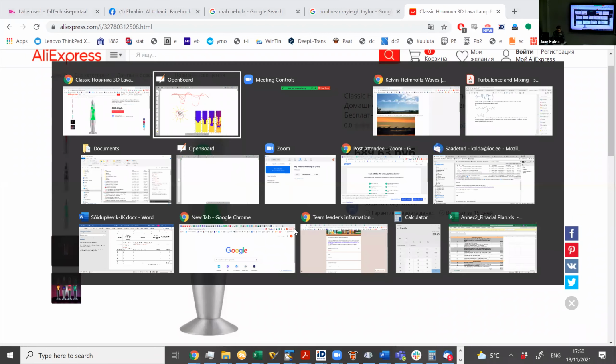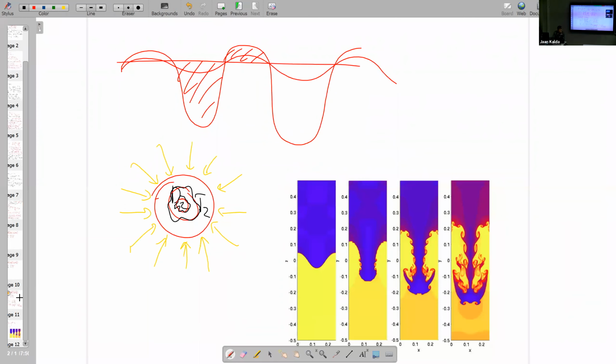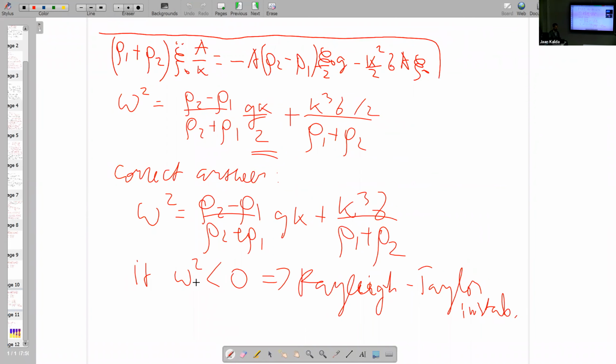Let us have a look at the formula what we have. The formula is (ρ1 minus ρ2) divided by (ρ1 plus ρ2) times gk, minus k cubed σ divided by (ρ1 plus ρ2). We can actually write down the instability condition here.